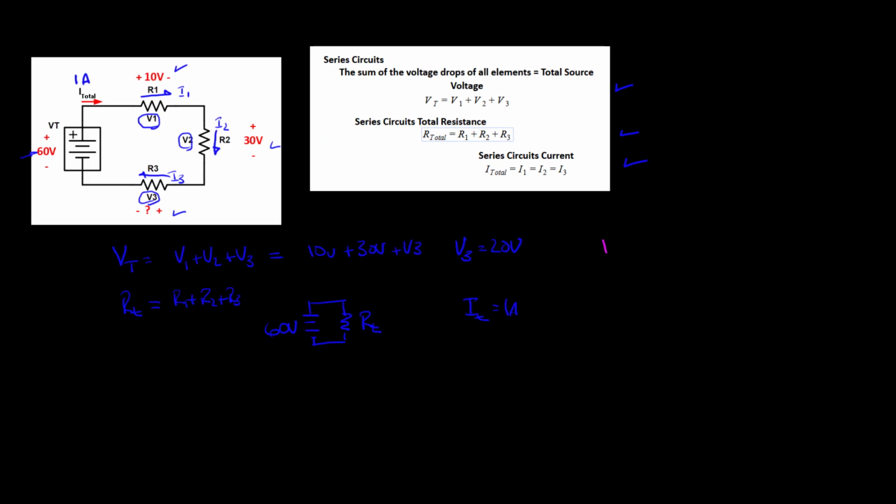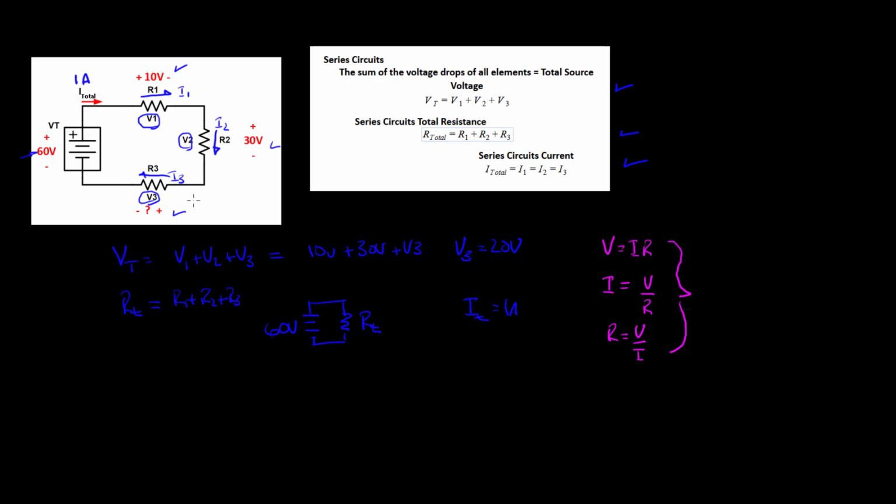Ohm's law says that my voltage is equal to my current times my resistance. I can maneuver these around algebraically, and I can also solve for current: my current is equal to my voltage divided by my resistance. And I can solve for my resistance: it's equal to my voltage divided by my current.